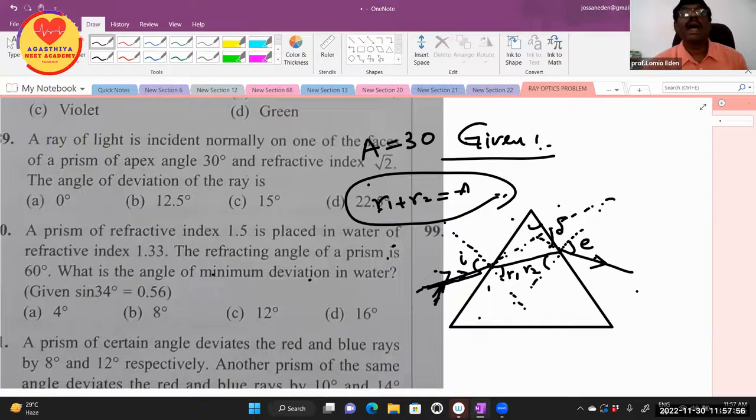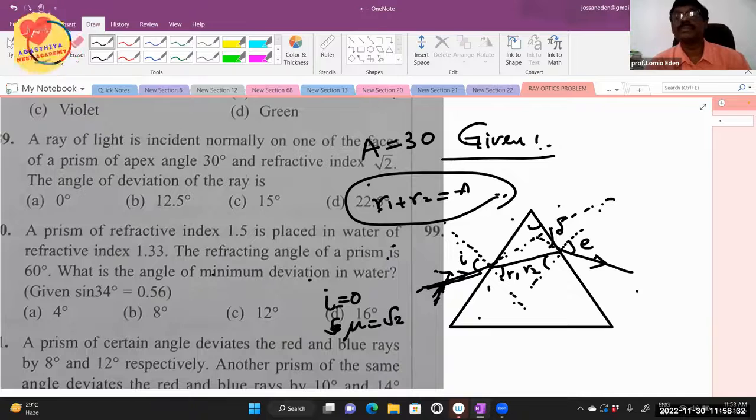That means I is equal to what? 0. The line will fall from the top. So the angle between the ray of incidence and the normal is equal to 0. Understand? Then mu is equal to root 2. The question is to find out the angle of deviation.